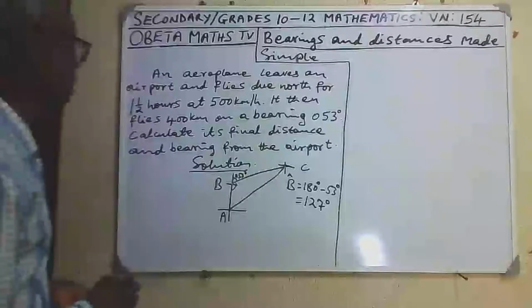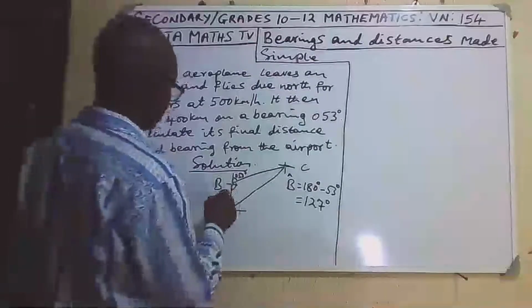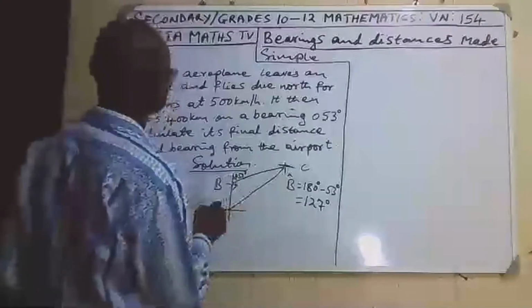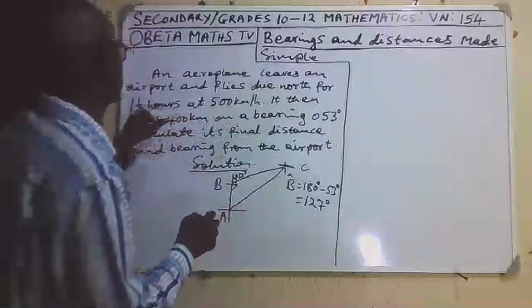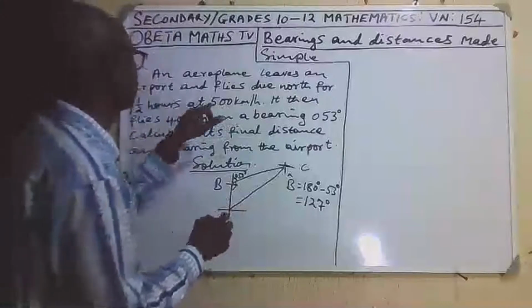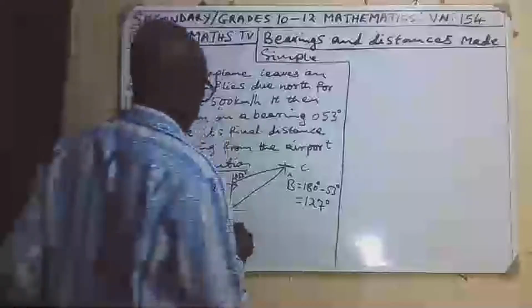Okay. Now, we know that it traveled 1.5 hours at 500 kilometers per hour.